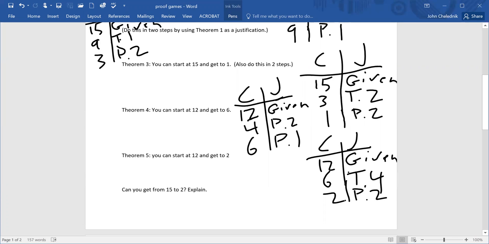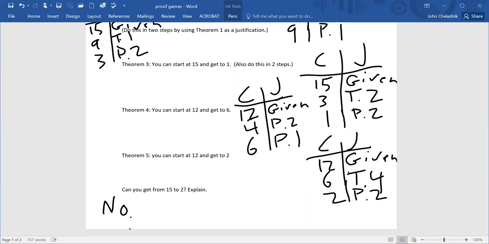Can you get from 15 to 2? The answer is no. You can't get from 15 to 2 because, let's think of it this way. To get to 2, you'd have to take 6 divided by 3.